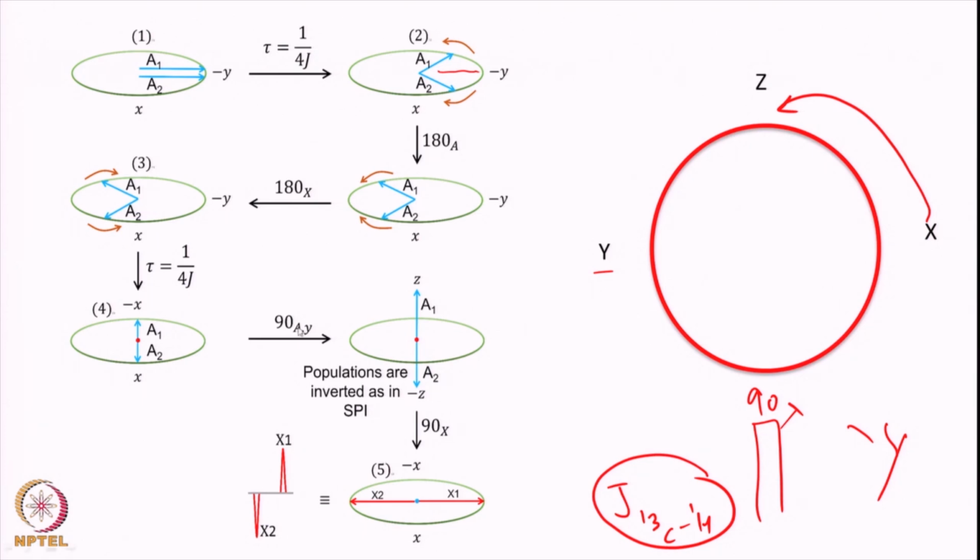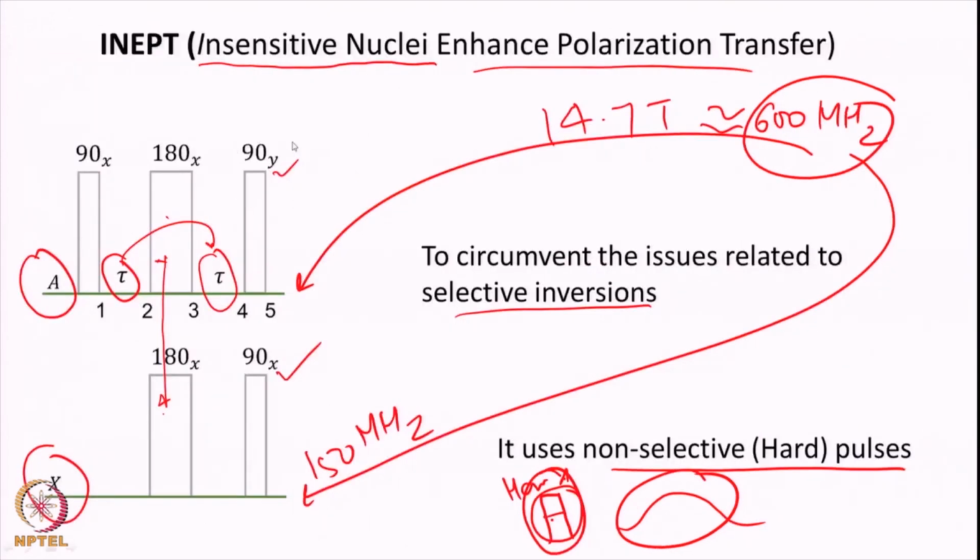If you apply a y pulse when magnetization is along x, it goes to the z direction. So now the magnetization for the A spin will be along plus z and minus z.